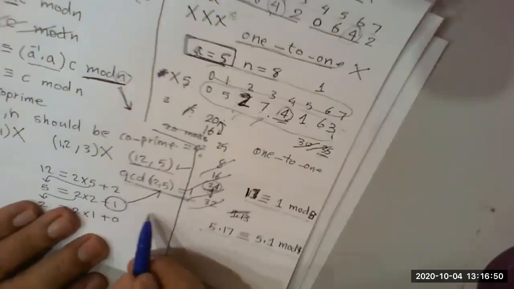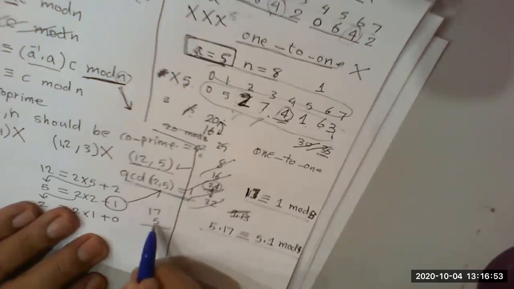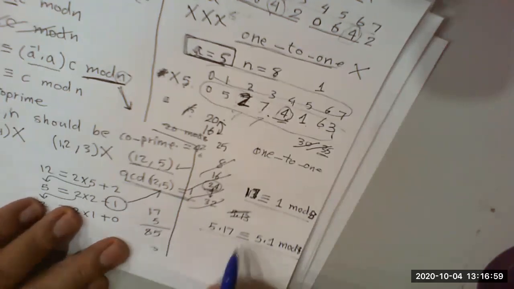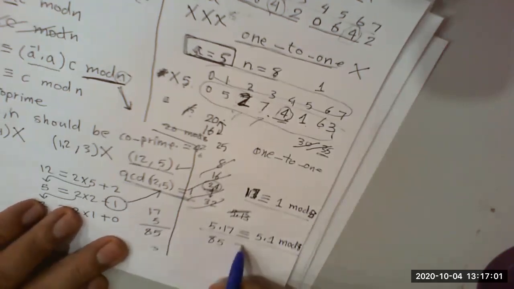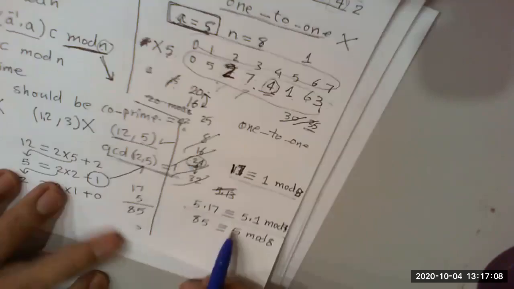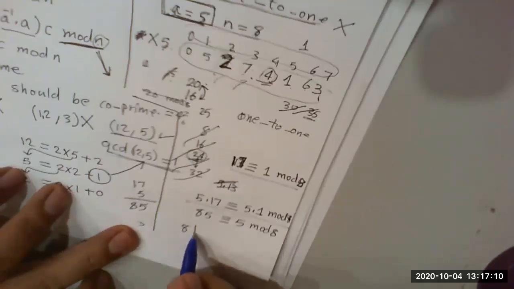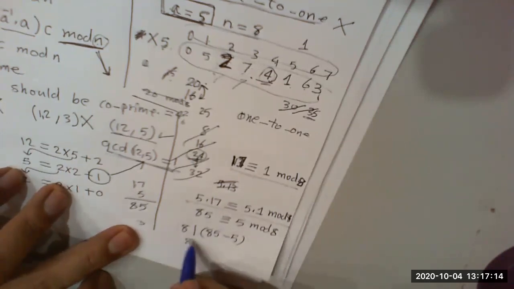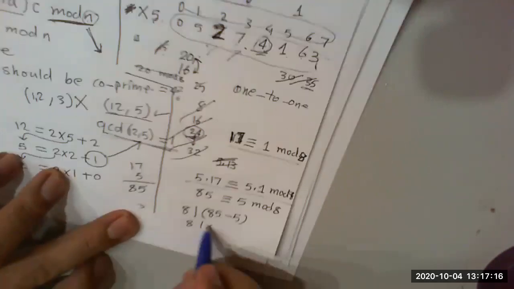I don't like multiplication, but I will do it for now. 5 times 17 is 85. If it is not correct, please tell me. So it's 5 mod 8. So 8 should divide 85 minus 5, which is 80. That's correct.